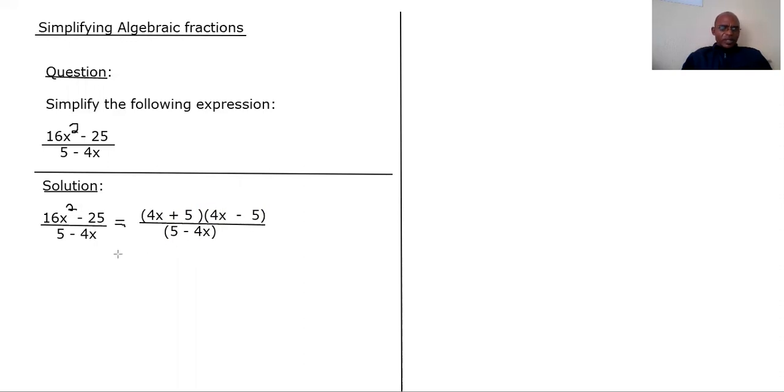So let me then factorize it by using what? I'm going to use a factor of what? 1.